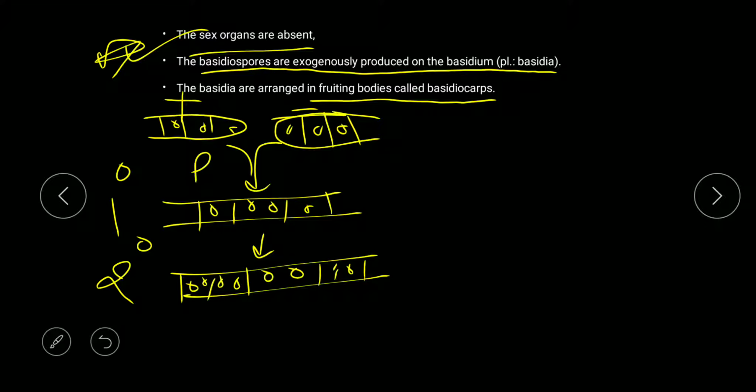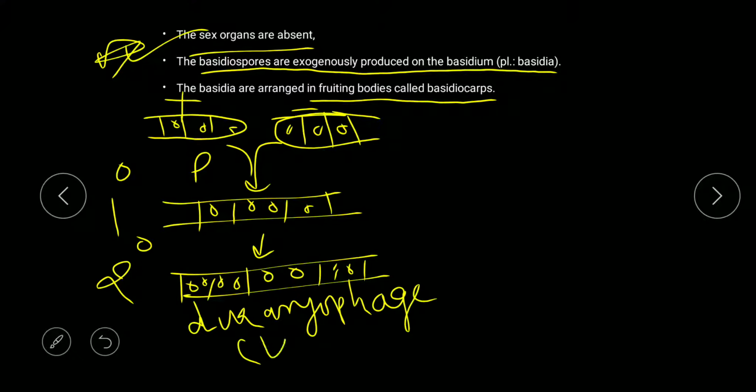Now all these dikaryotic cells, remember, this is the dikaryophase again, but this dikaryophase which is found here is long lived. Now this dikaryon will develop a basidium.